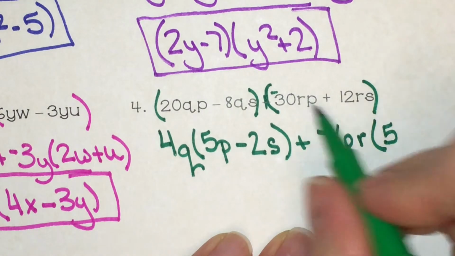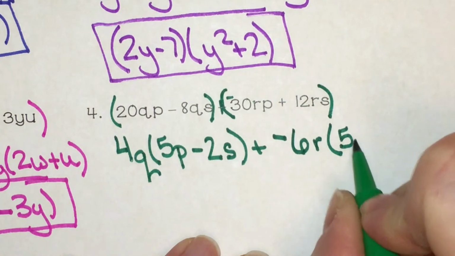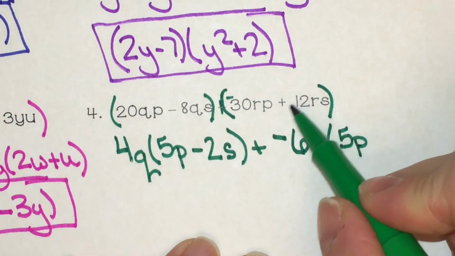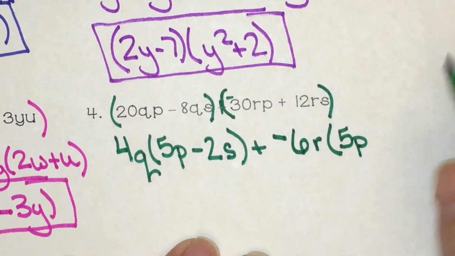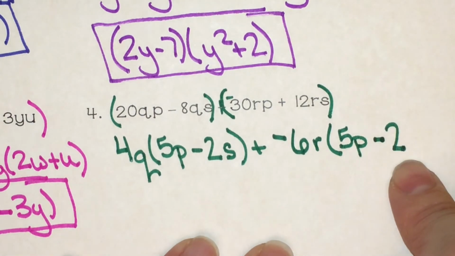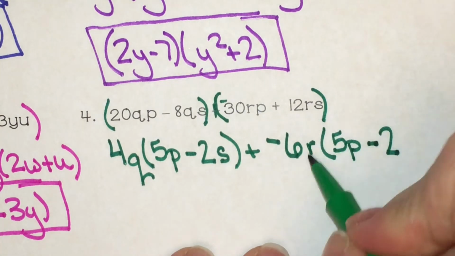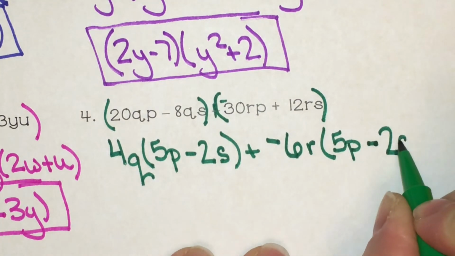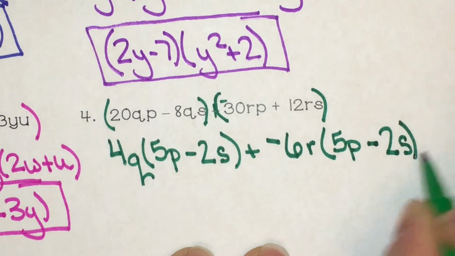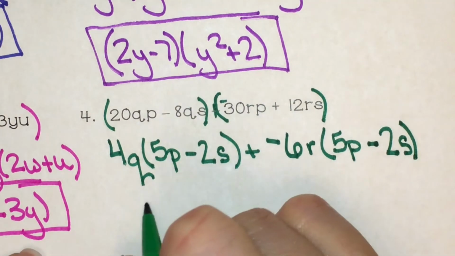And we factored out that r, so it's positive 5p. Positive 12 divided by negative 6 is negative 2. That's how we got the minus 2. Positive divided by negative is a negative. Factored out the r, so we're left with negative 2s, or minus 2s. Okay, greatest common factor, 5p minus 2s.